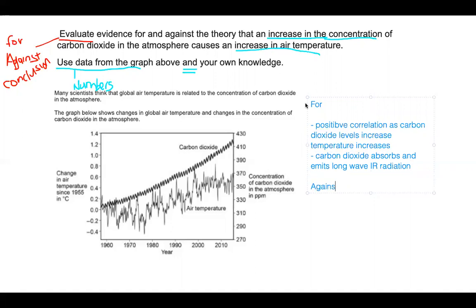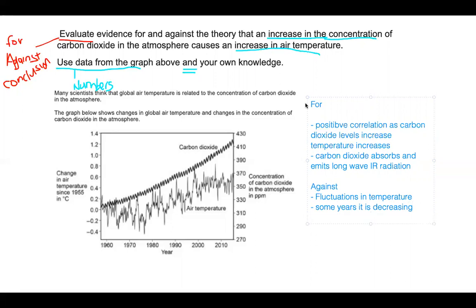Against. So carbon dioxide increases quite steadily, but there's big fluctuations with temperature. Some years it's actually decreasing. And they're only looking at one factor. They're only looking at carbon dioxide.